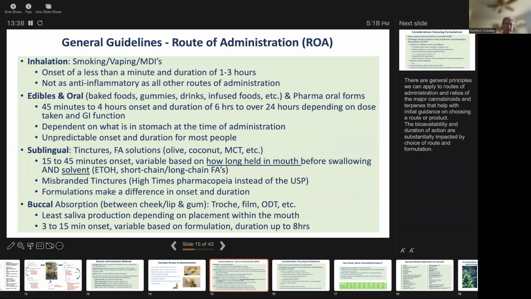If it's a true tincture, ethanol is about 85%, and the onset of action is much quicker than something in a fatty acid solution. The other problem is most of the instructions on the packages today follow some other pharmacopoeia, not the USP. They misbrand tinctures, which are not ethanol-based solutions.